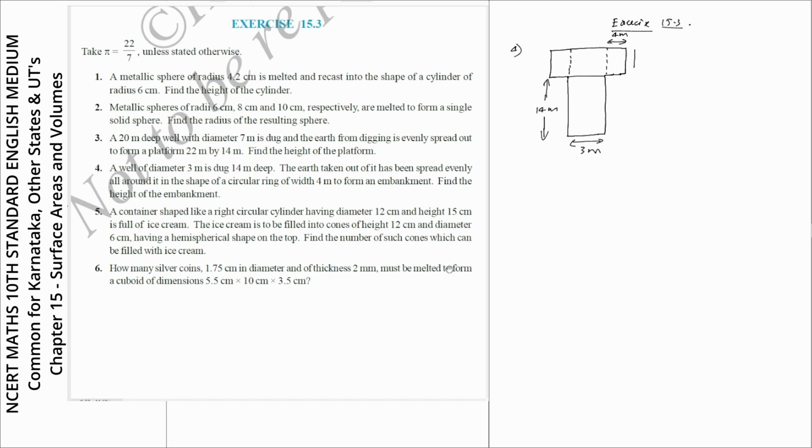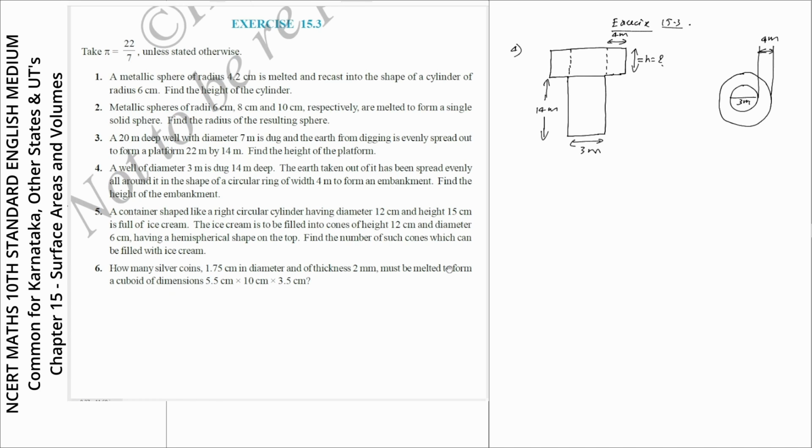Now we should find the height of the embankment. This height is what we should find. Now if you see from the top view, you get it like this. The well is like this, which is of diameter 3 meters, and around it the embankment is coming like this. The width of the embankment is 4 meters.